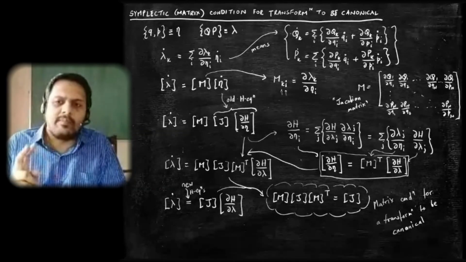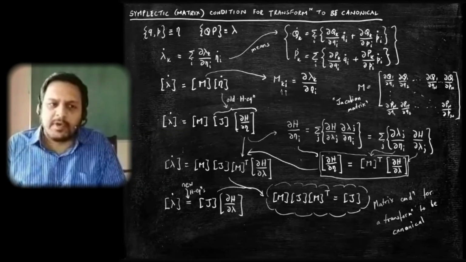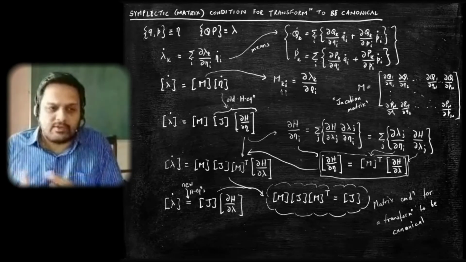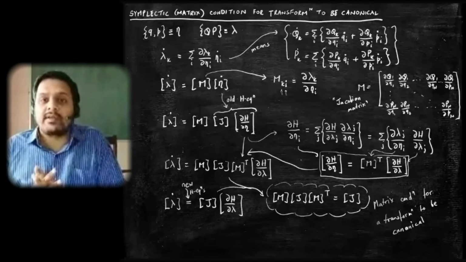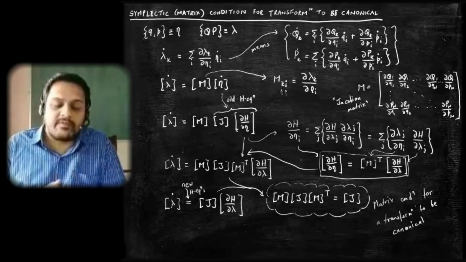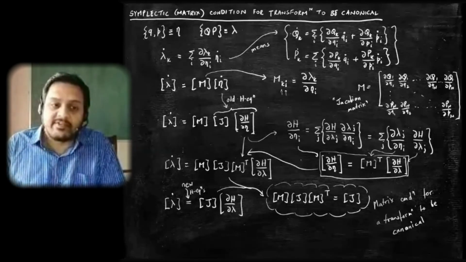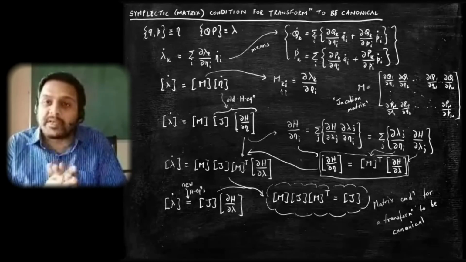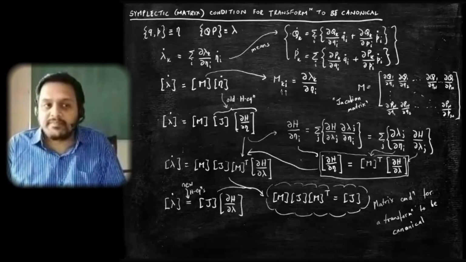Some arbitrary combination of small q and small p, if we decide to call them capital Q, capital P, that may or may not result in good capital Q, capital P, which will actually satisfy Hamilton's equation. If you need them to also satisfy Hamilton's equation, then they have to be special. They have to satisfy these conditions.